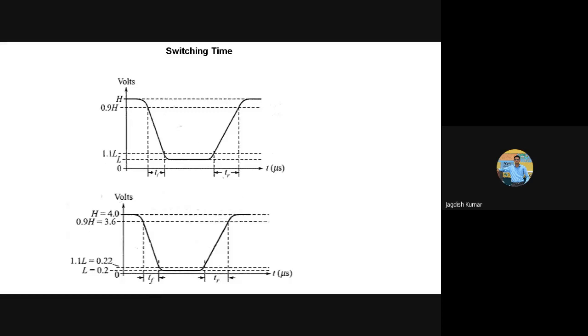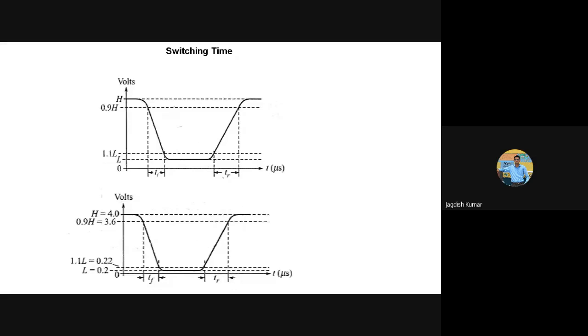In that case, we do it with the help of an analog to digital converter. We no longer see the voltage as such. Suppose you have 1 volt. We take that 1 volt and convert it into some digital signal. We will be doing it in the coming classes, how to get that voltage converted into a digital signal.